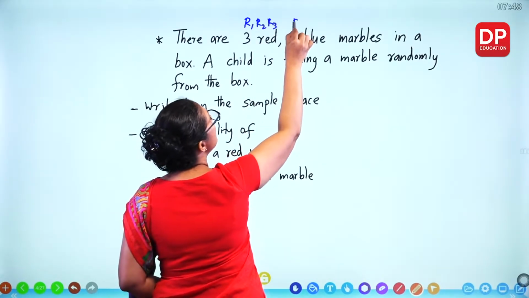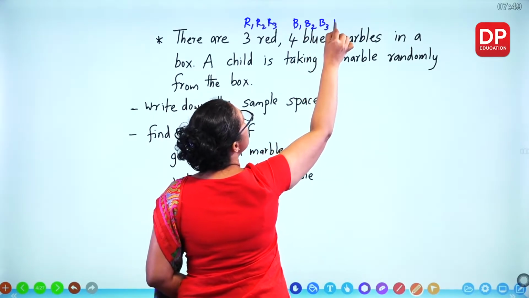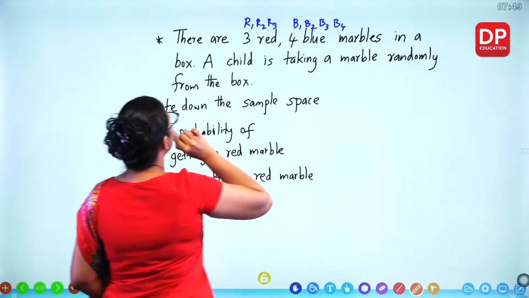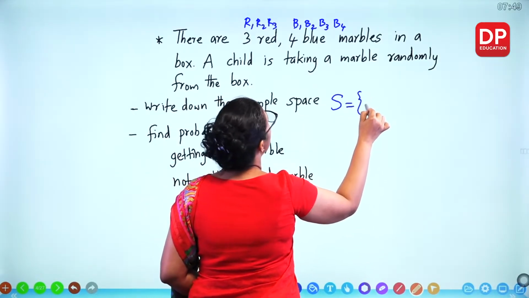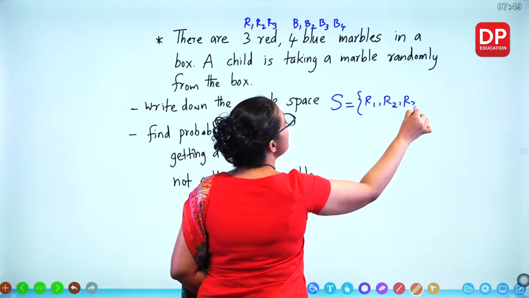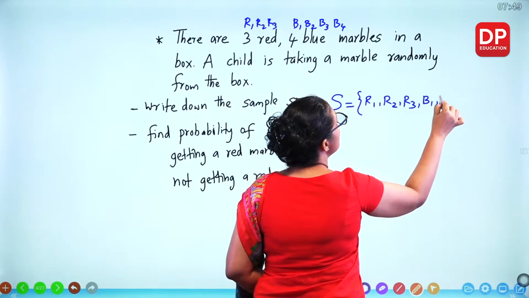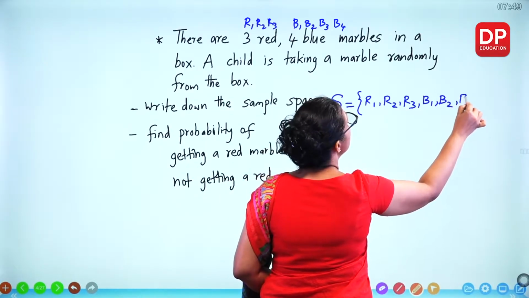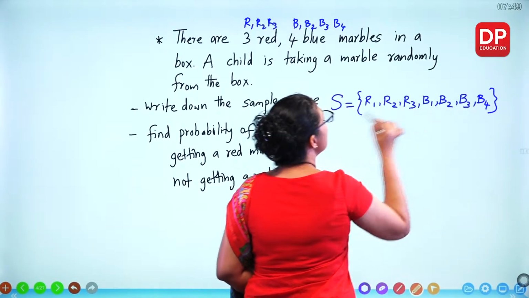We can take B1, B2, B3 and B4. So in the sample space I can write R1, R2, R3 and then B1, B2, B3 and B4.